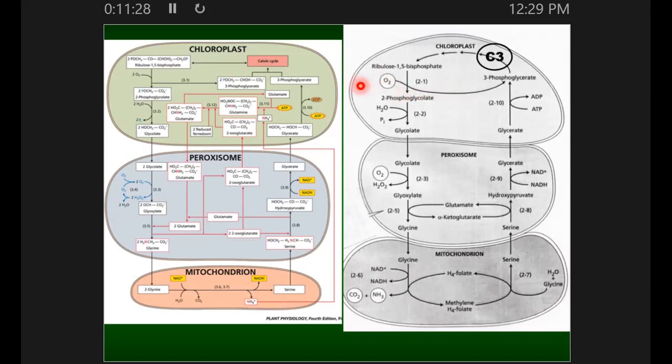What kind of environmental states might the plant be experiencing where things would shift, where there's more oxygen instead of carbon dioxide available around it? What would a plant be doing to start limiting how much CO2 is coming in? What would they do? How does a plant stop CO2 coming into their leaves?